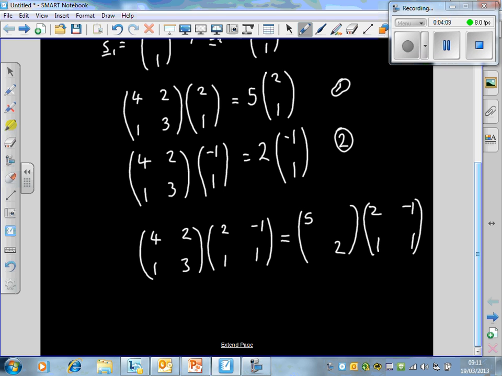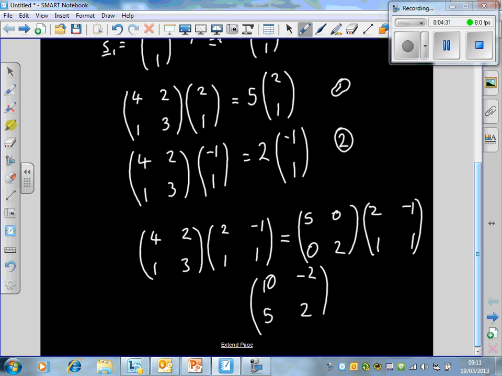Top left, bottom right. Okay? Because here, if we look in this matrix, they should both equal: 5 times 2 is 10, 5 times 1 is 5, 2 times minus 1 is minus 2, 2 times 1 is 2. This is what they should both equal.